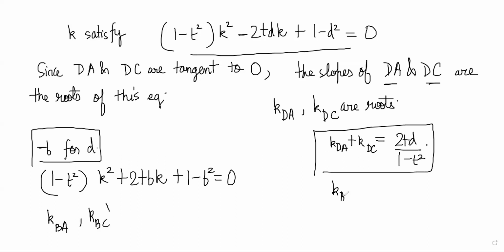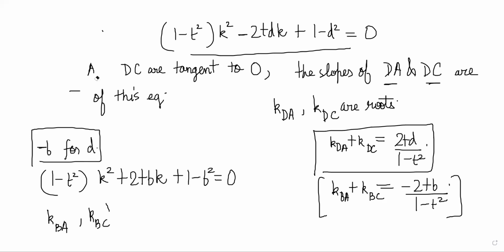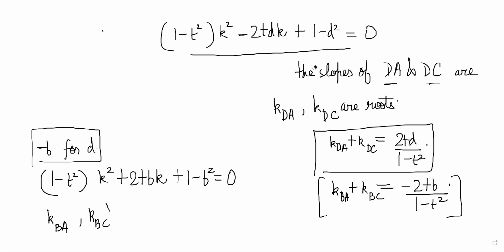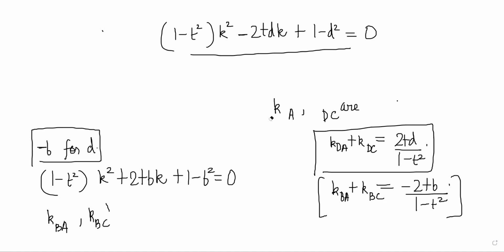So from there we get kBA plus kBC is equal to minus 2tb by 1 minus t square, right? Also, our two line equations are like this: y is equal to kDA x plus d. That is the line equation for dA.